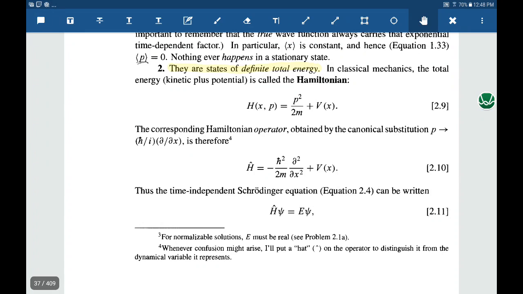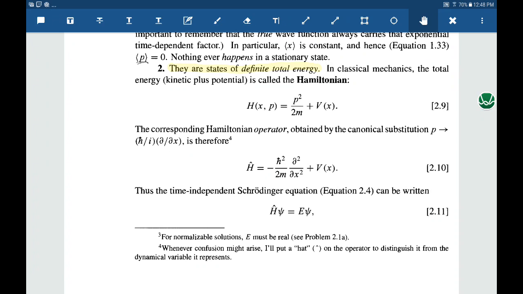Okay, now we have that these are states of definite total energy. And this is where he argues why he should have used E, which is a good argument. I just think that you could go even simpler than that, just looking at the units.